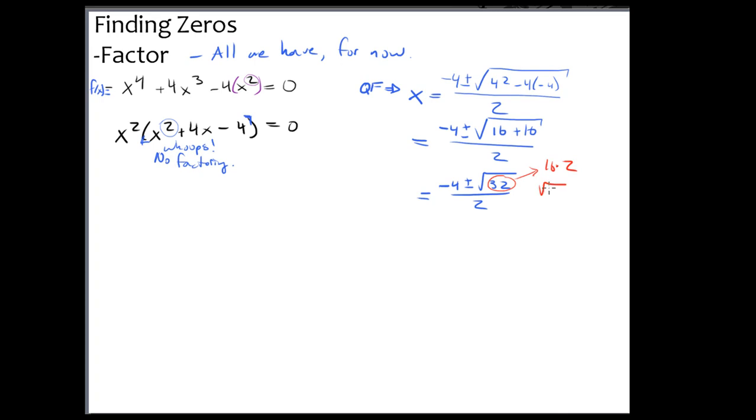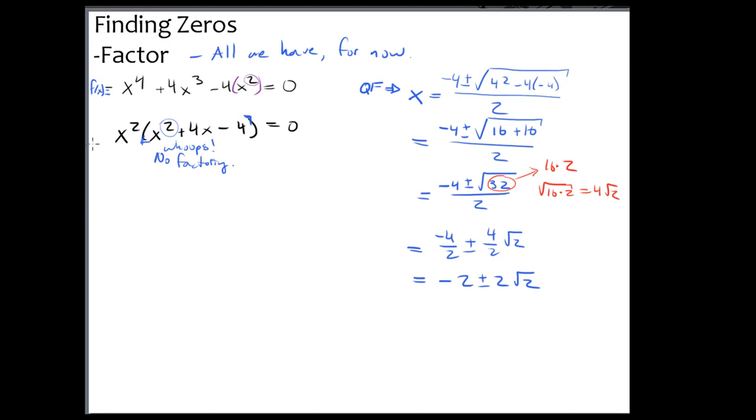So the square root of 16 times 2 is 4 square roots of 2. So this becomes negative 4 over 2 plus or minus 4 over 2 square roots of 2. This is negative 2 plus or minus 2 square roots of 2.